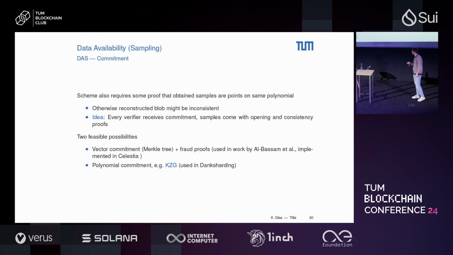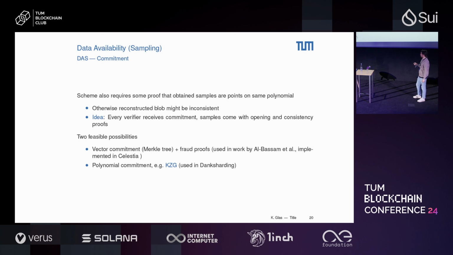So the question is, how can we solve this? The idea is we use some form of commitment, and each verifier receives the same commitment to the blob data. This is part of the block itself, the block carrying transactions, and then the samples come with opening proofs and consistency proofs.